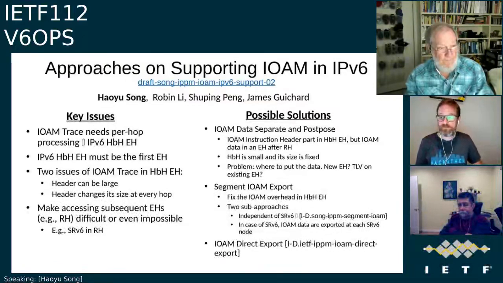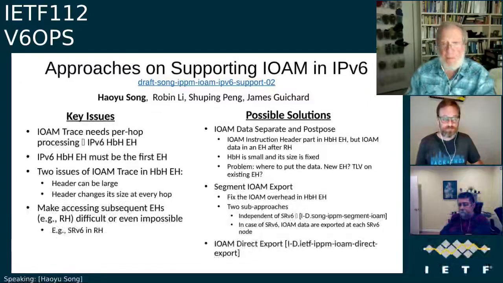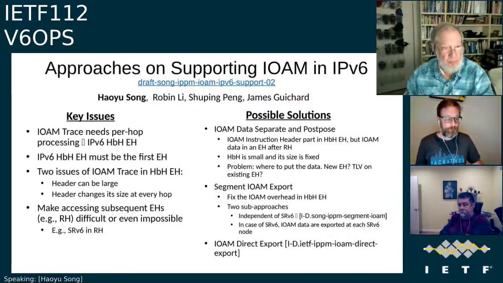Also, since the overhead is very large, it can make it very difficult to access the subsequent extension headers because many routers have a hardware limitation on the header buffer size. So if this overhead is too large, that can make the later headers inaccessible. Especially for a use case like SRv6, the SRH will be located in the routing header, which is behind this HBH header, and that will be a problem.